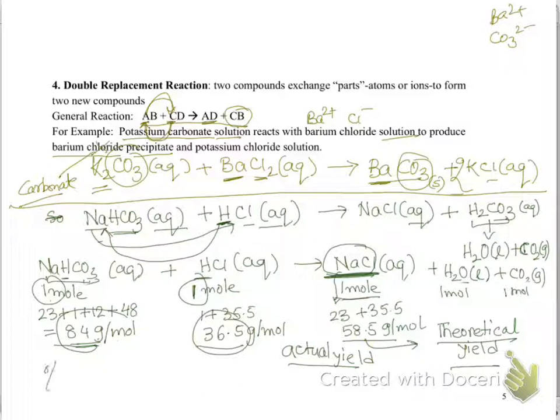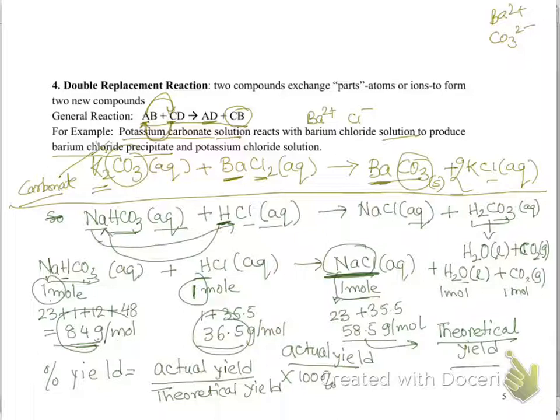Then we calculate percent yield. And what is percent yield? How do you calculate that? You take actual yield, you divide it by theoretical yield, and you multiply that by 100.